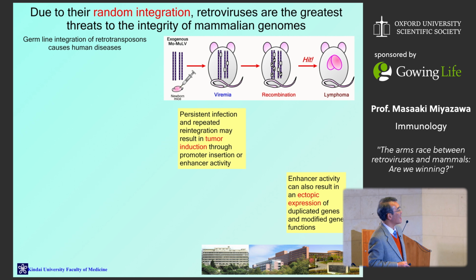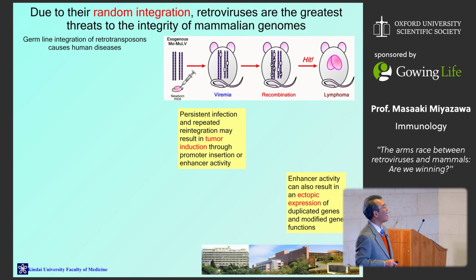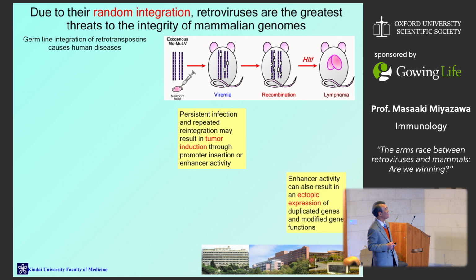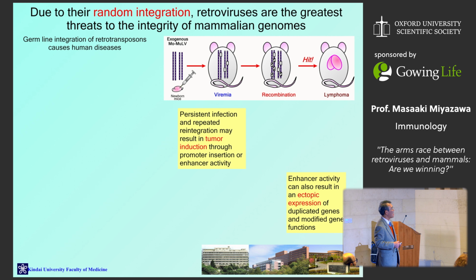For example, the retroviral LTR can not only work as a promoter, but also affect the expression of adjacent genes by showing enhancer activity. So this is how infection of retrovirus and repeated integration of retrovirus can cause lymphoma in mice.